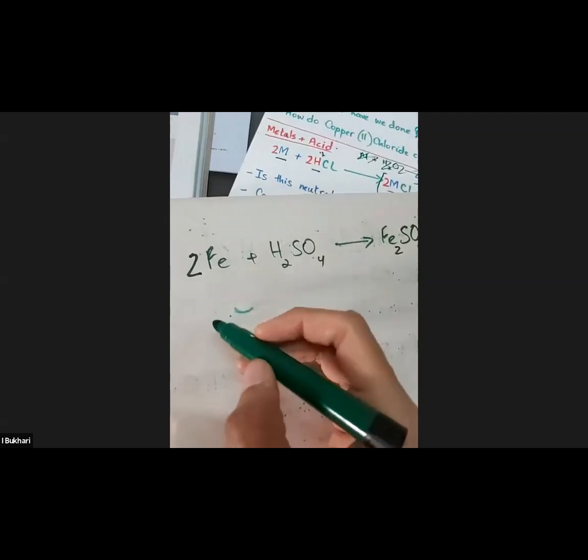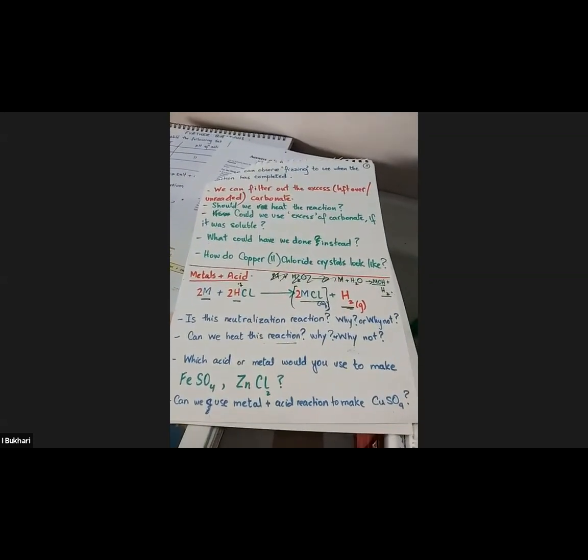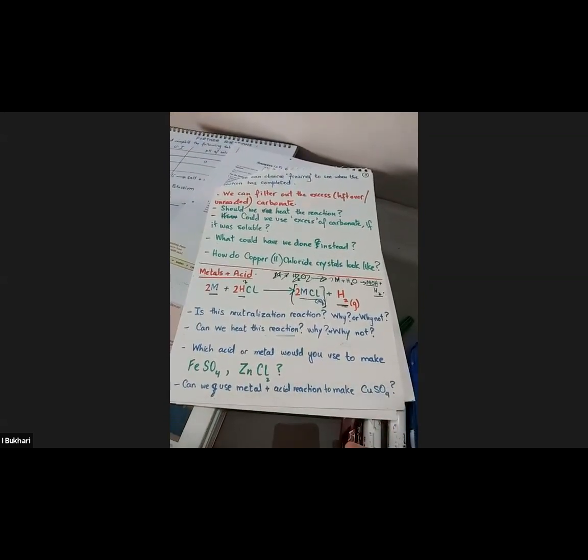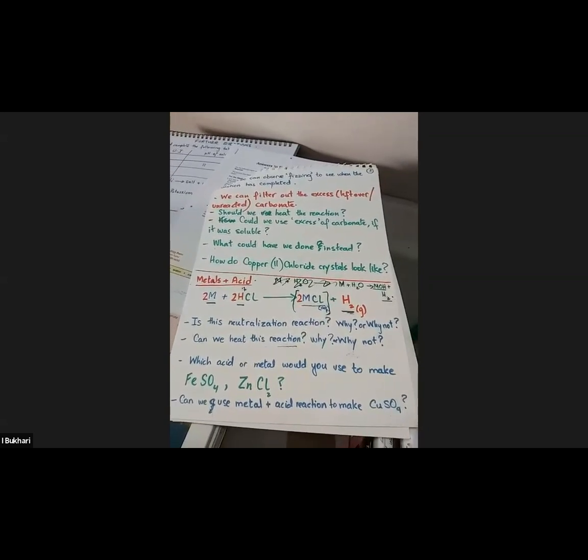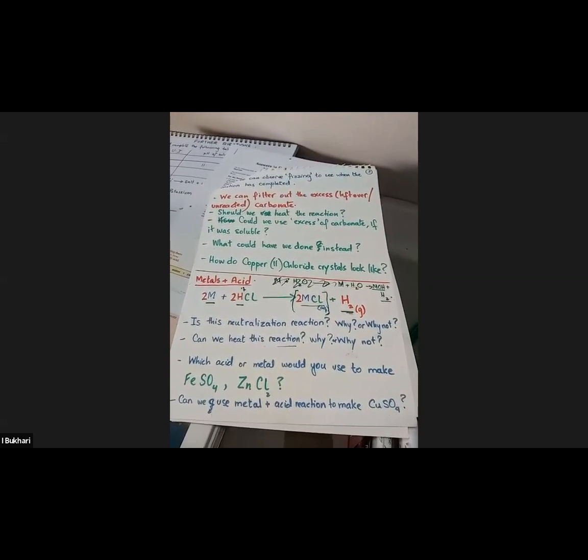Okay, what metals and acids would be used if I want to prepare zinc chloride? What is the highest reactive gas? I think fluorine, because it is highly electronegative.